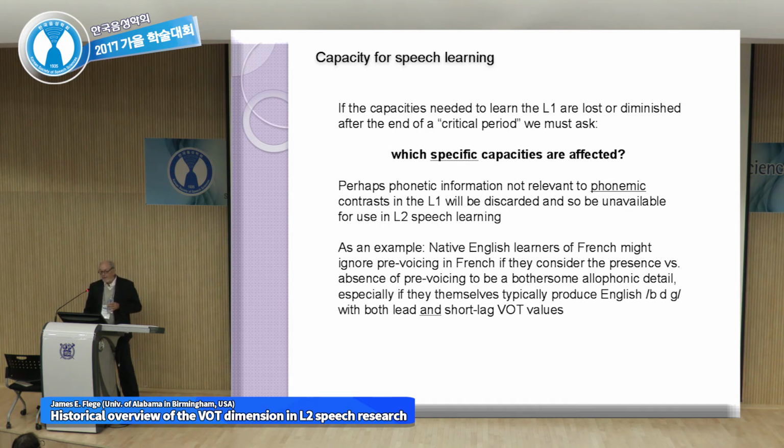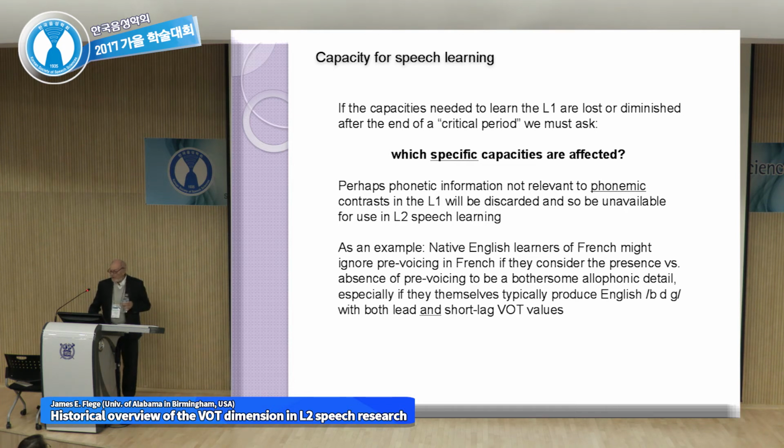Now, if the capacities needed to learn the L1 are later in life lost or diminished, that is, following the end of a critical period, we need to ask ourselves what specific capacities are affected. Perhaps phonetic information not relevant to phonemic contrast in the native language will be discarded and so unavailable for use in L2 learning.